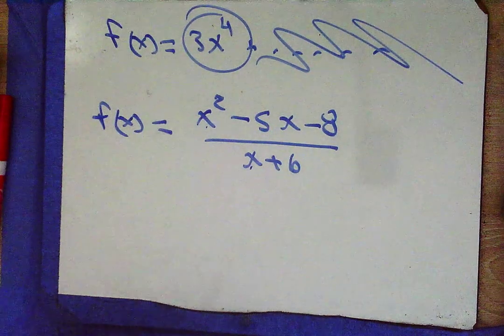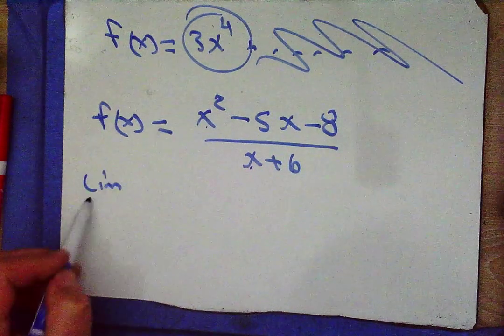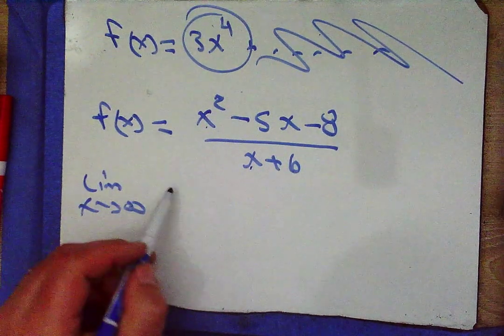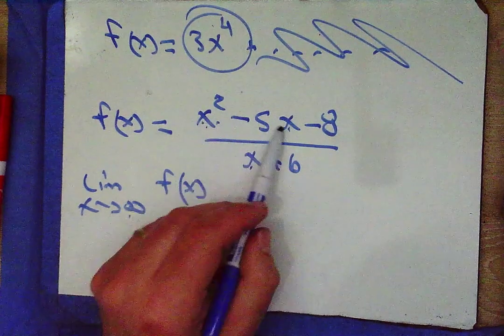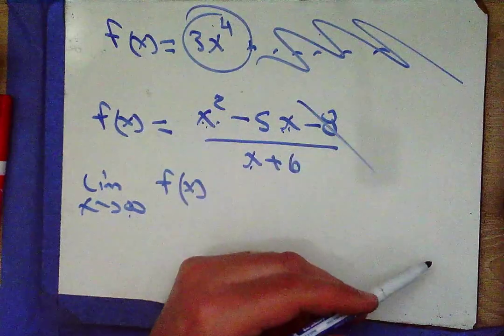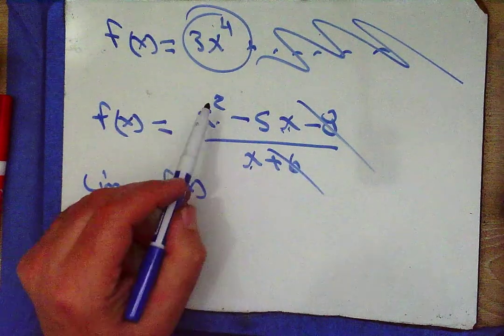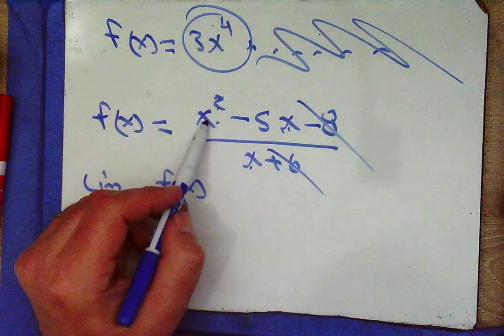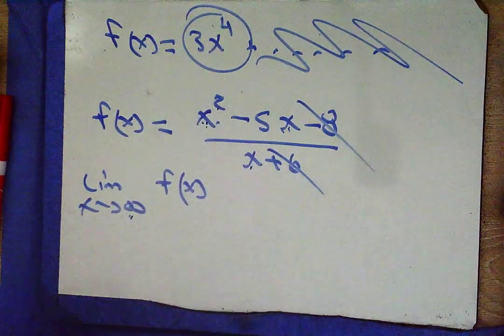In fact, I want to say, look, the limit as x heads to infinity of f of x, as these values head towards infinity, that doesn't play any role. In fact, because I'm looking at infinity squared, sorry. So here's what we're going to do now.